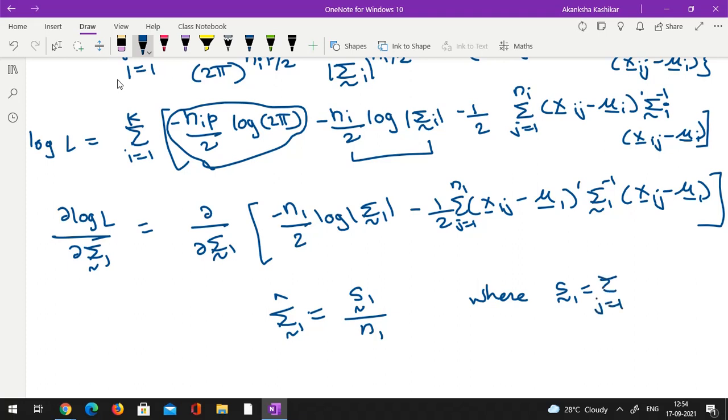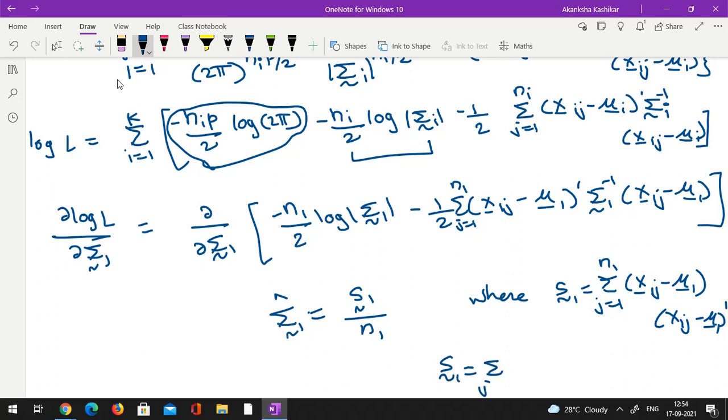So that will actually be sum over j going from 1 to n1 of x1j minus mu 1 into x1j minus mu 1 prime. This is our formula for the CSSP matrix. Correct?